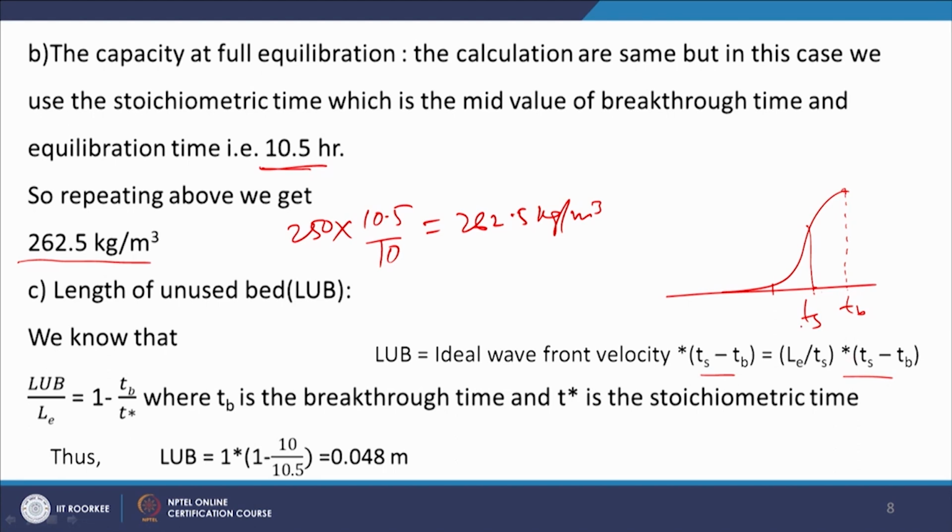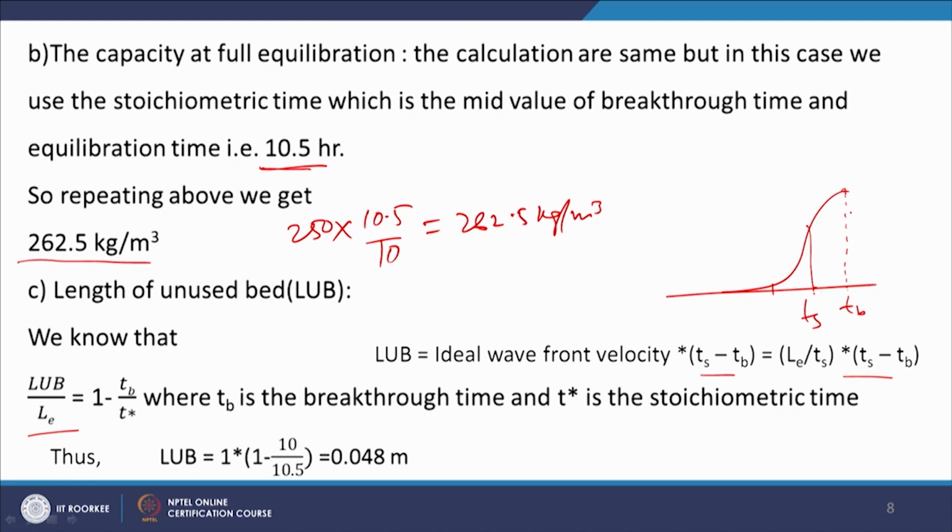In that case we have seen that LUB is equal to LE into T s minus T b by T s, where T s is T star. So, LE into 1 minus T b by T star. This is the formula we have used in our previous class to calculate the LUB value. So, in this case LE is equal to 1 meter, and T b and T star. What is T b?